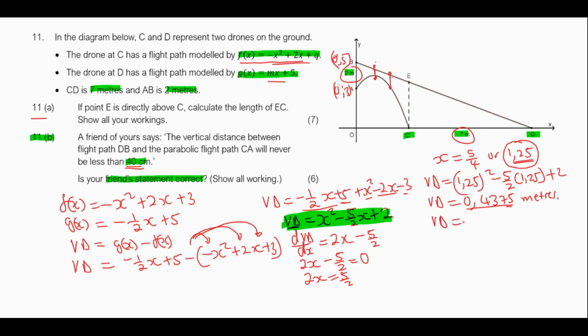So VD is equal to 43,75 centimeters. So the minimum distance between these two paths will be 43,75 centimeters, which is not less than 40 centimeters. So the statement is true. Therefore, the friend's statement is true.